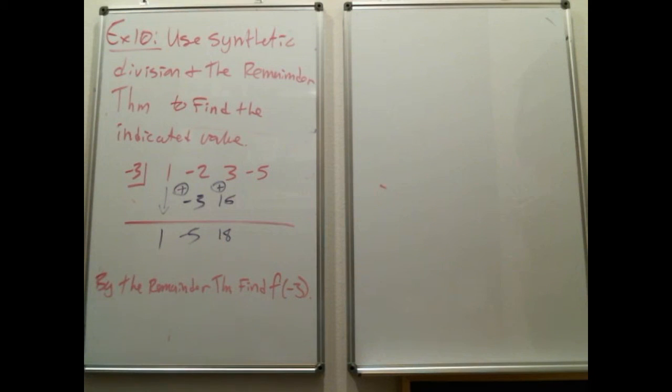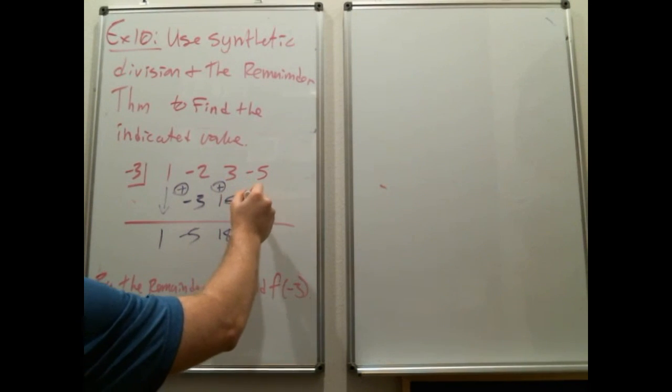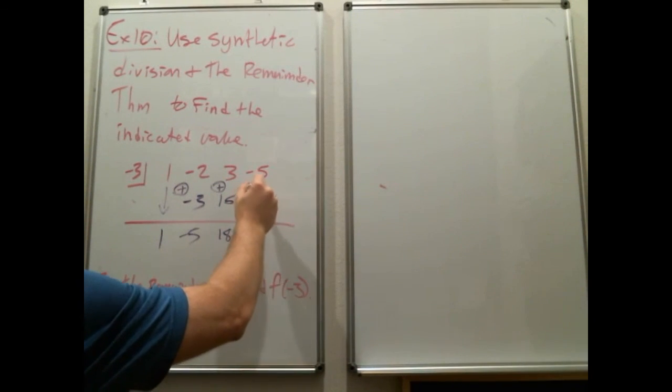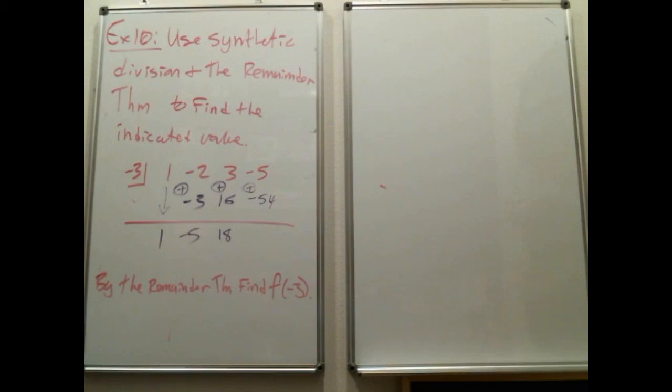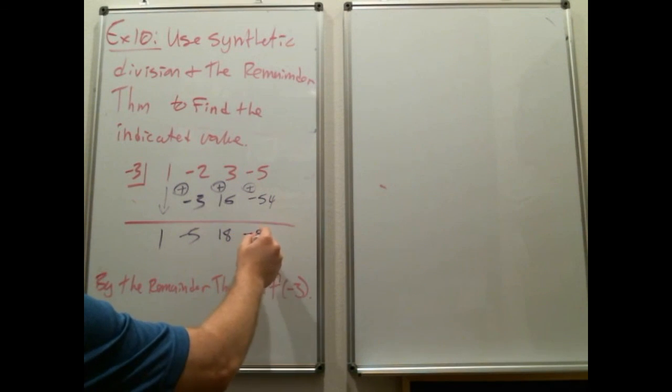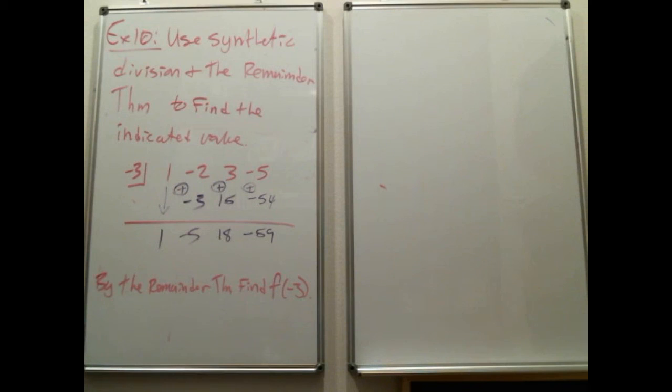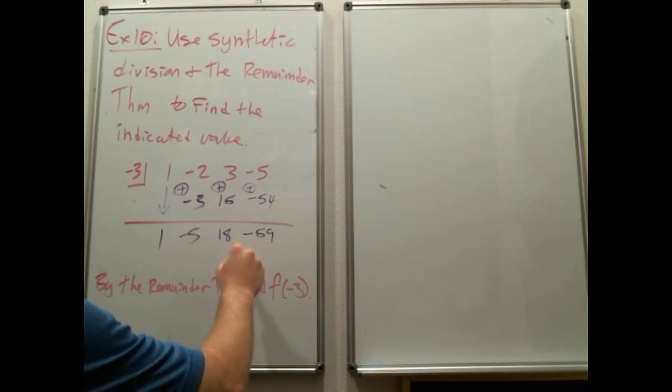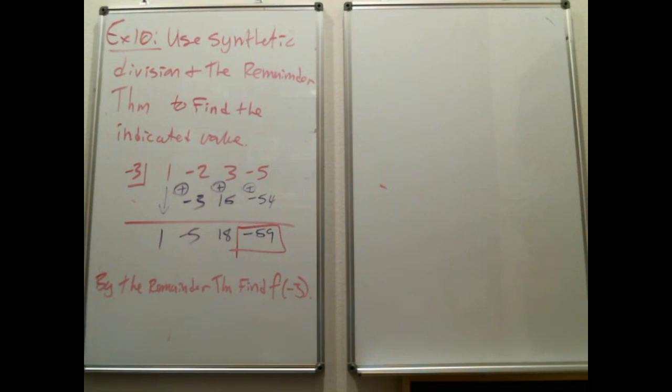Then you want to do 18 times -3, which is -54. And add down, which gives you -59. So -59 would be your answer here. f of -3 equals -59. Alright. They may just have -59 written as the answer also.